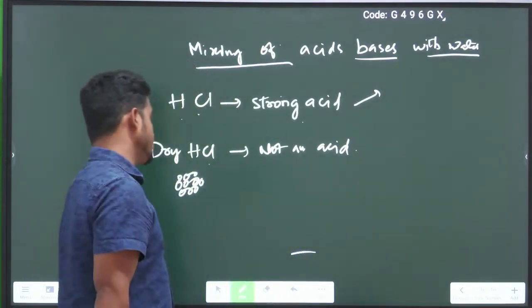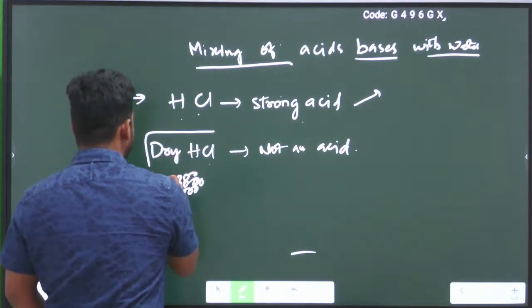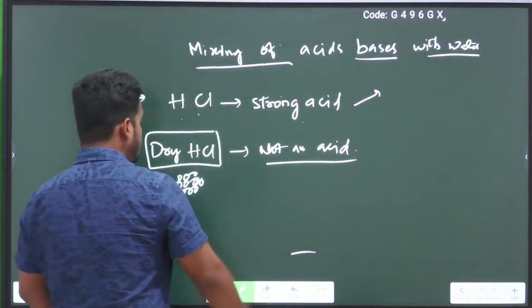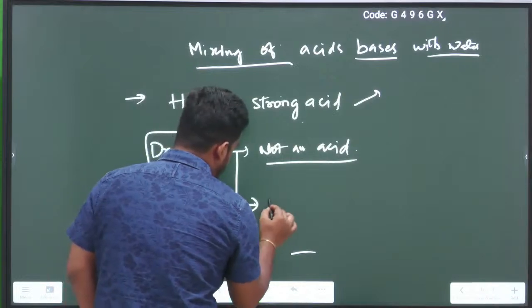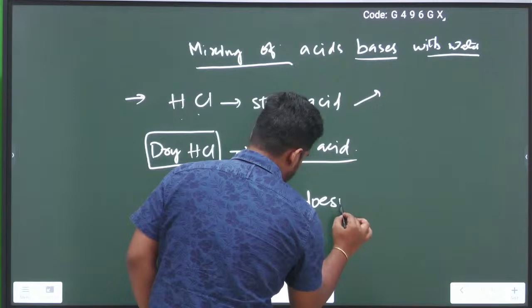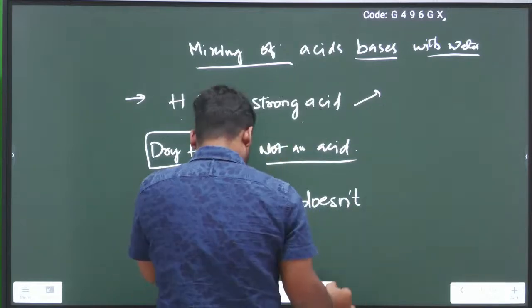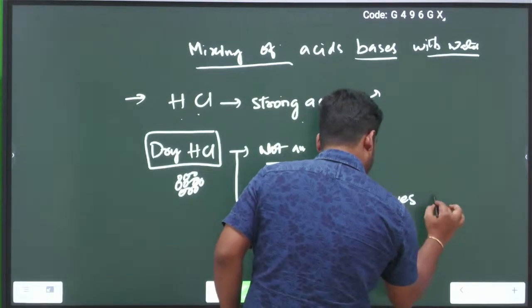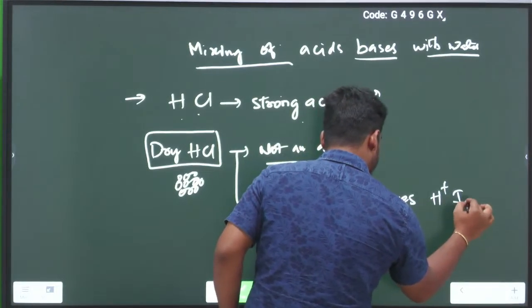But the thing here is, I am saying this HCl in the dry form is not an acid. Why? That is because it does not give H plus ions.